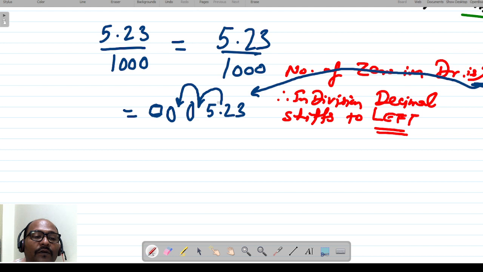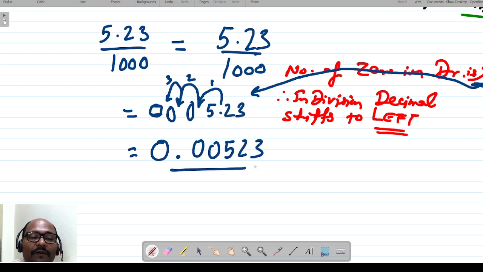One jump from here to here, this is 2 jumps, and from here to here, this is 3 jumps. So what will be the answer now? 0.00523. This is our answer.